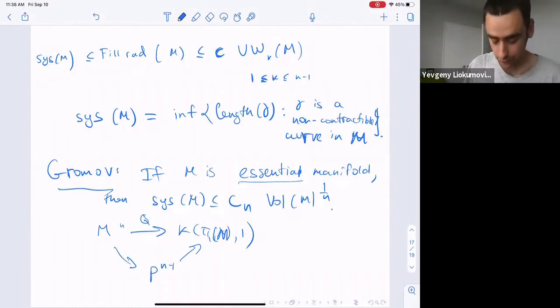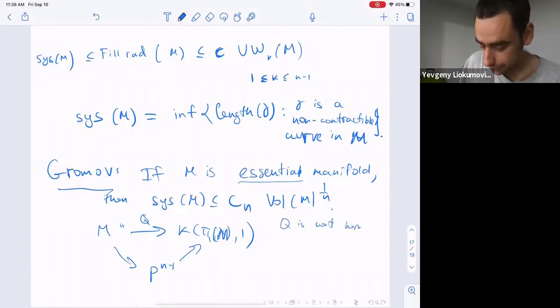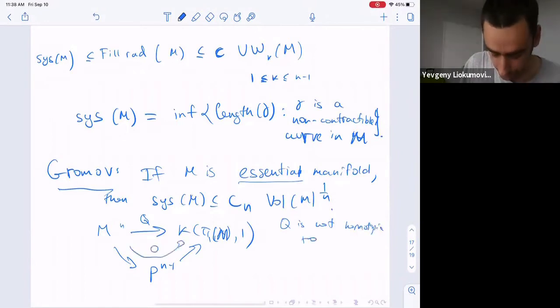So there is no, so Q is not homotopic to a map Q prime.